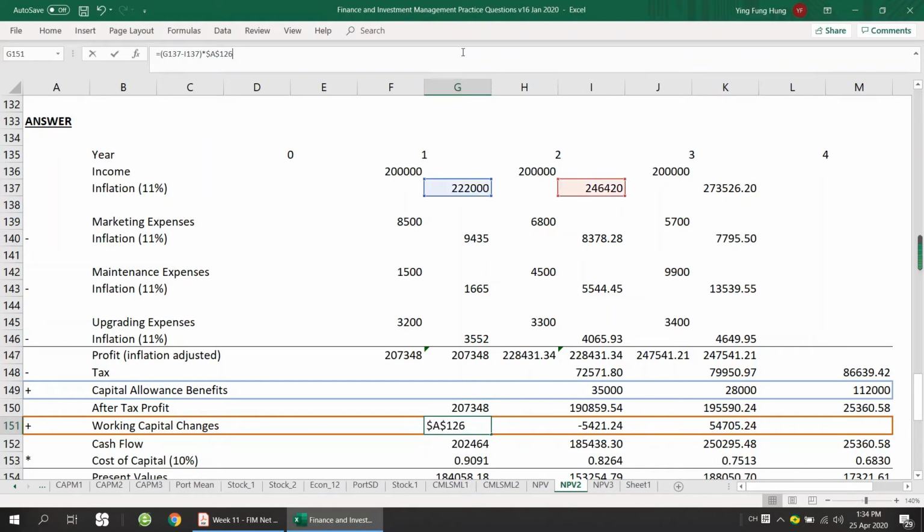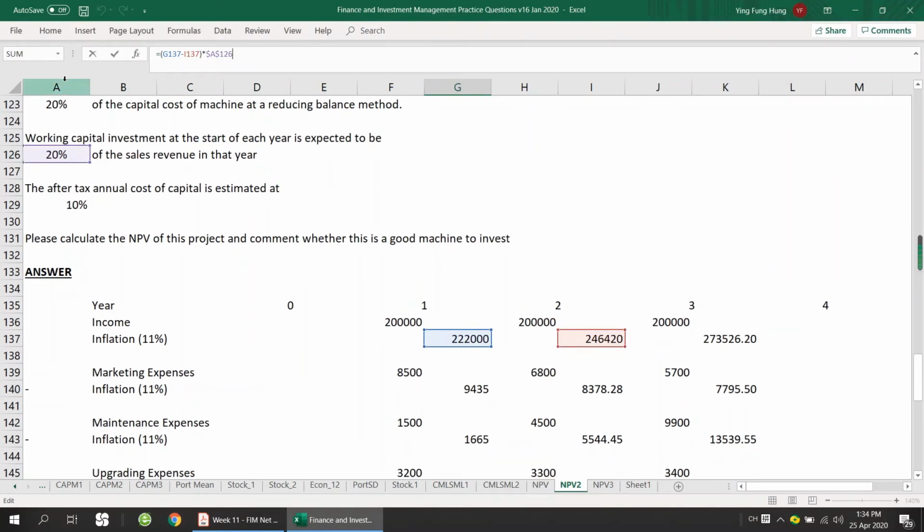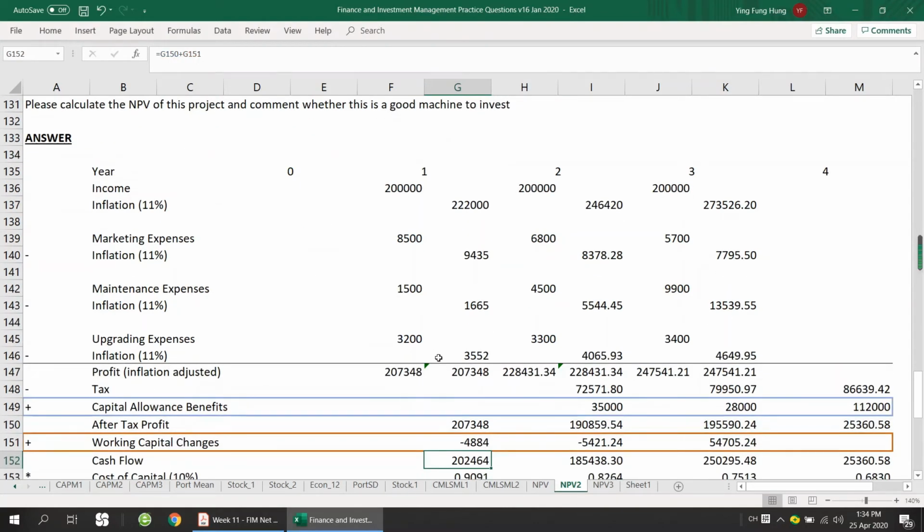And in this case it is going to be the sales of year 1, which is this 222,000, minus the sales of year 2, which is this 246.42 thousand, and multiply this by the 20%, which is in cell A126 from the question. If we apply this equation, then this will give us a working capital of 4.884 thousand.